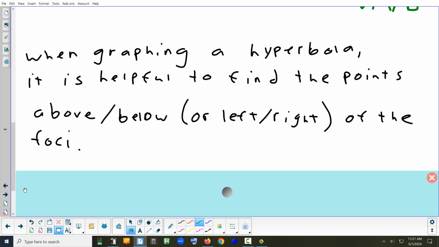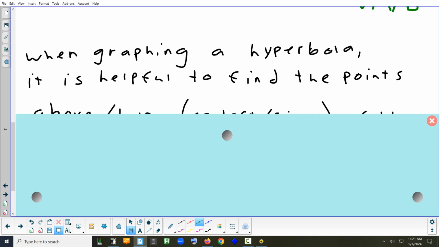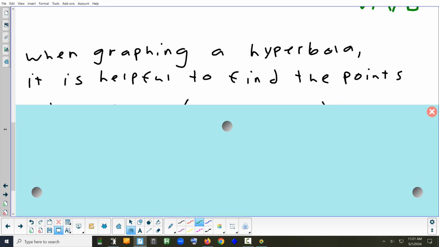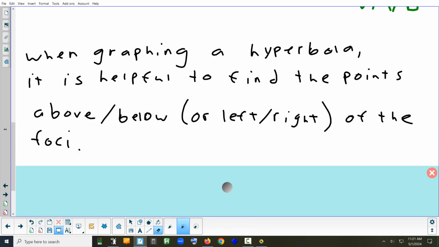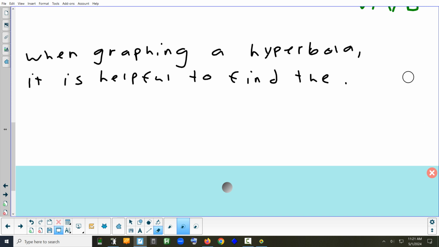I would say when graphing the hyperbola, it's really helpful to find the asymptotes. That's the best thing. Because the asymptotes are going to give you an X shape that's going to kind of pin in where you need to draw.